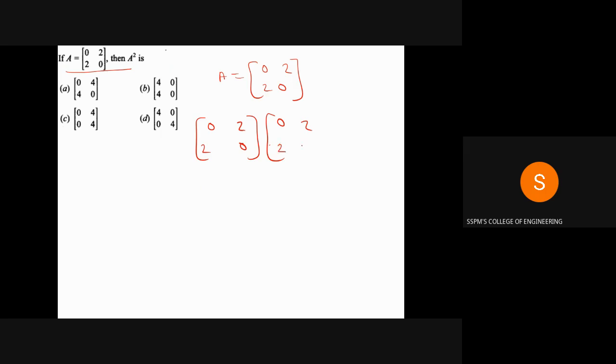First row first column: 0 into 0 is 0, 2 into 2 is 4. First row second column: 0 into 2 is 0, 2 into 0 is 0. Then second row first column: 2 into 0 is 0, 0 into 2 is 0. Again 2 into 2 is 4, 0 into 0 is 0. Therefore the answer is 4, 0, 0, 4.